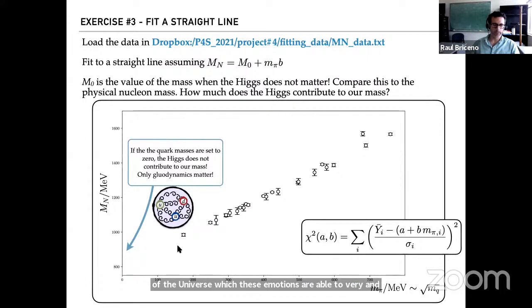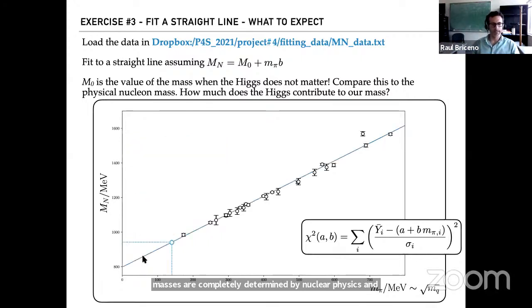And I told you some story that when we take these parameters to 0, that would be the limit where our masses are completely determined by nuclear physics and not determined by the Higgs boson. Here is the experimental value. If you were able to do a straight line fit to this data, you can calculate the intersection with the limit where the quark masses are 0.